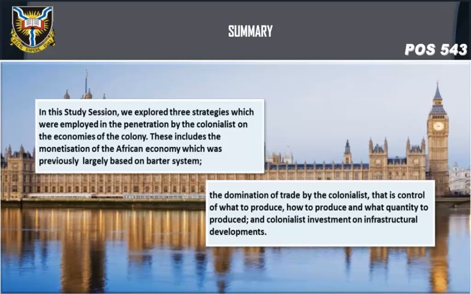These include the monetization of the African economy, which was previously largely based on a barter system; the domination of trade by the colonialists, that is, control of what to produce, how to produce, and what quantity to produce; and the colonialist investments in infrastructural developments. End of study section 3.